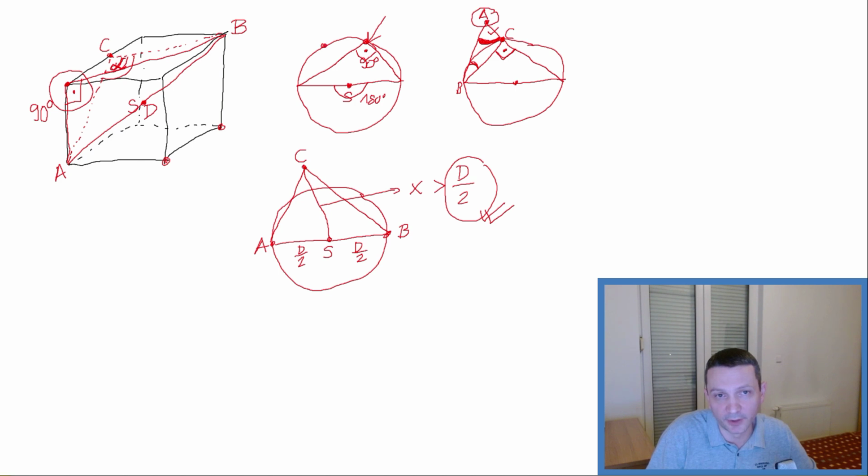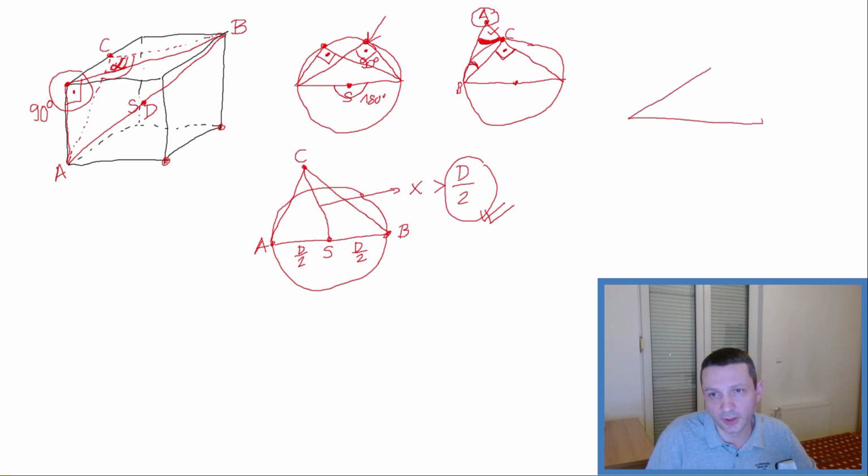If we take another point here, we again obtain the right angle here. This is the only, let me call it, non-trivial fact that we are using here, and also some facts about angles of the triangle.